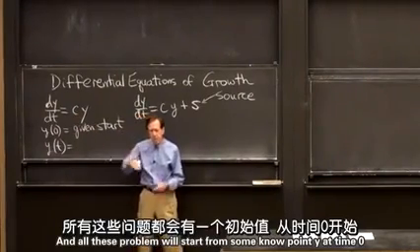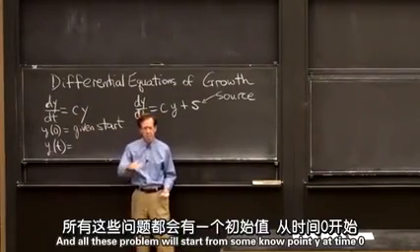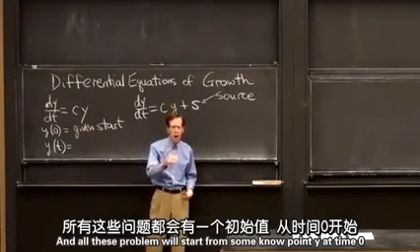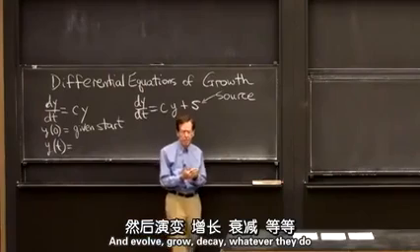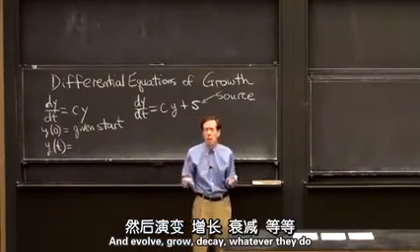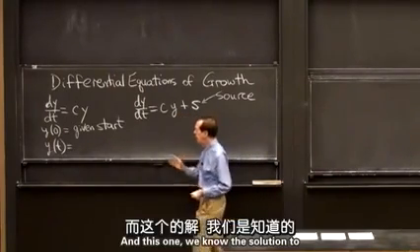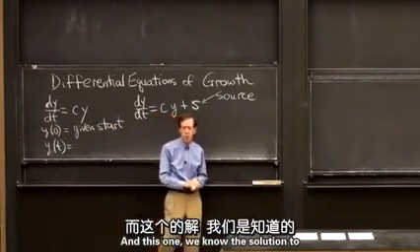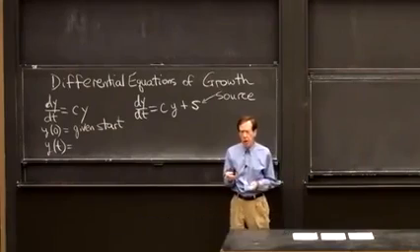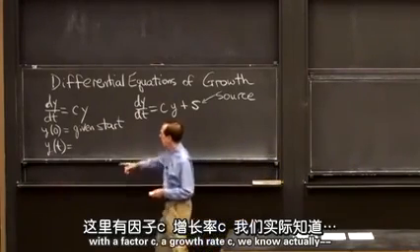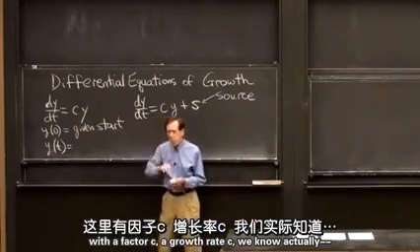And all these problems will start from some known point y at time 0 and evolve, grow, decay, whatever they do. And this one we know the solution to. We know that that will be an exponential growth with a factor c, a growth rate c.